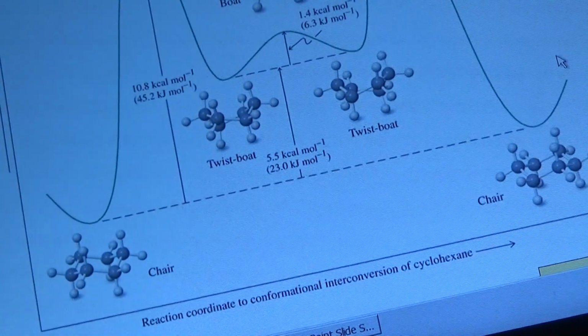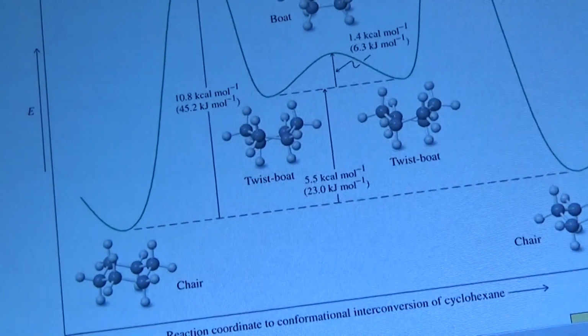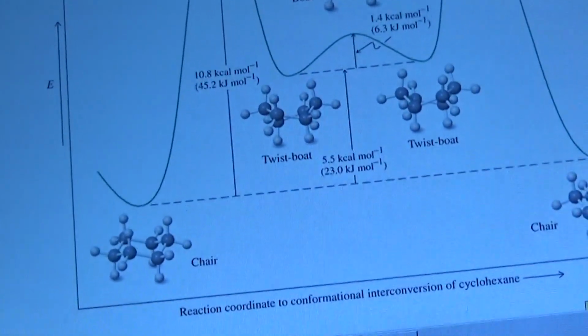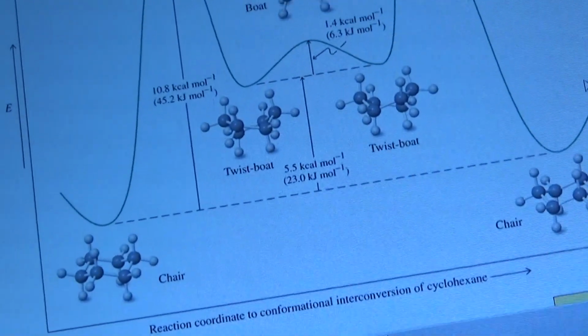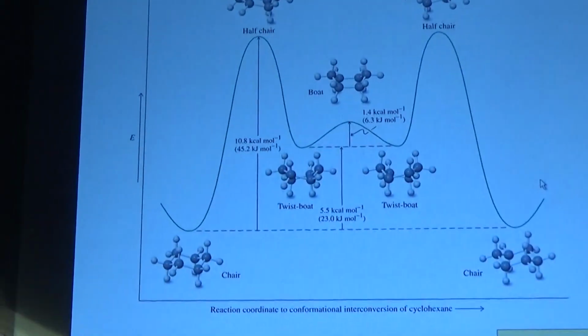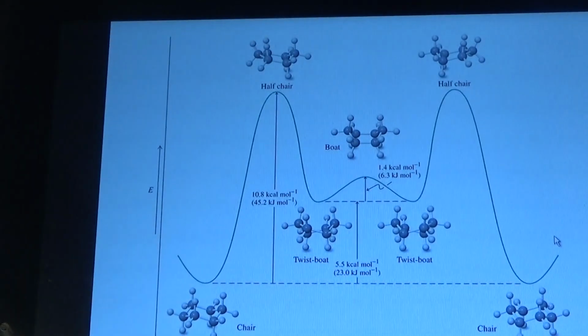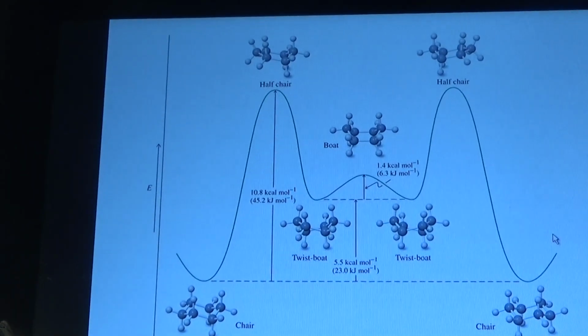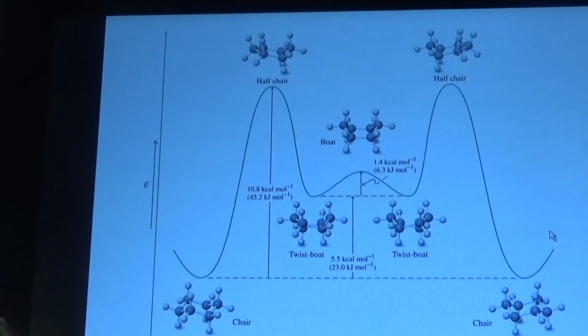Okay? These slides are in your notes, and if you have models, this is a great exercise, not only for visualizing the molecules, but also for visualizing the energetics of this pretty complicated energy diagram, right? It's pretty cool. All right, so let's check it out with my models now.